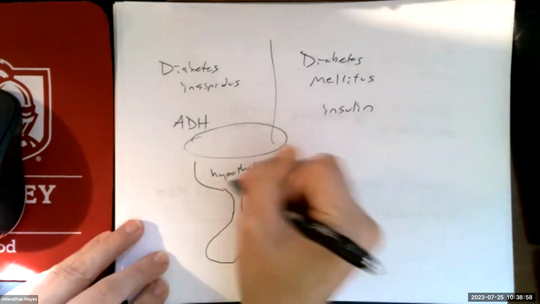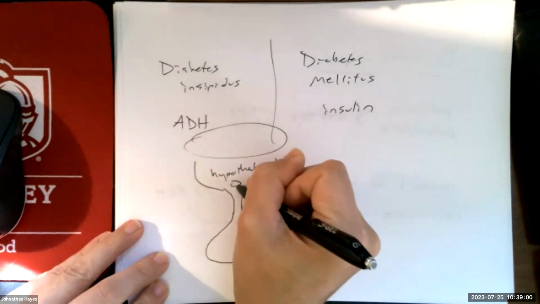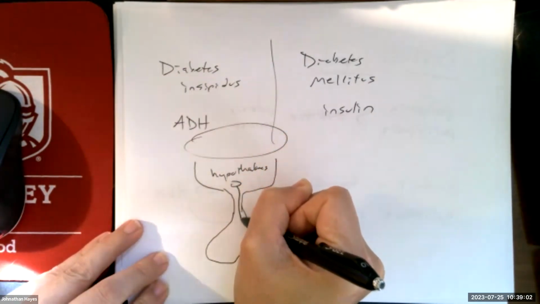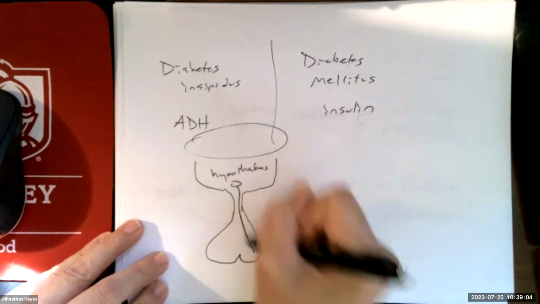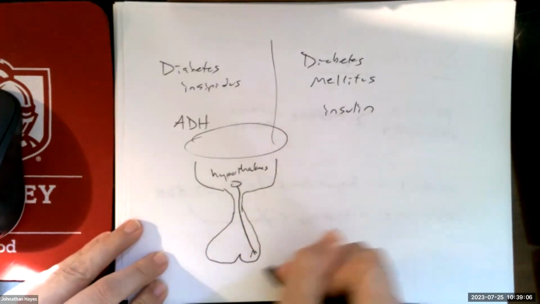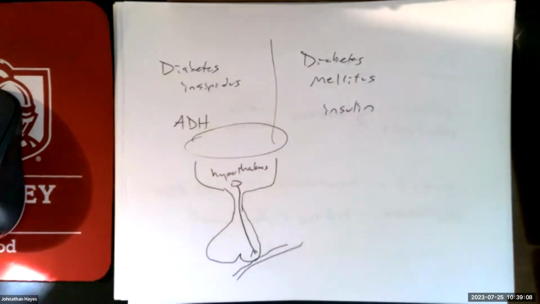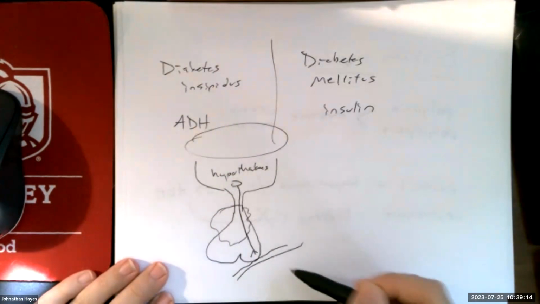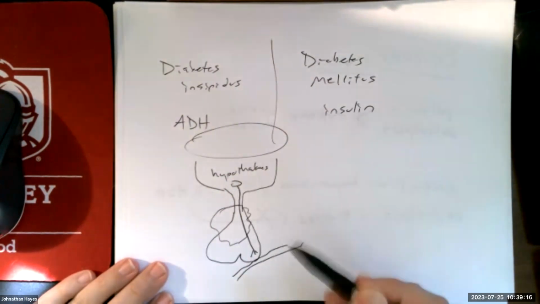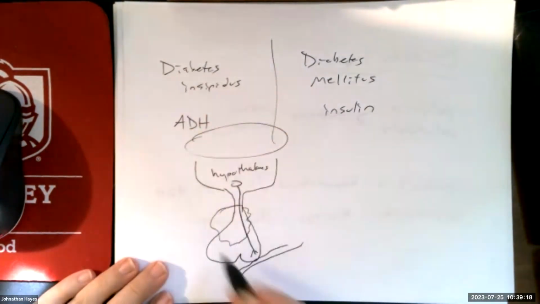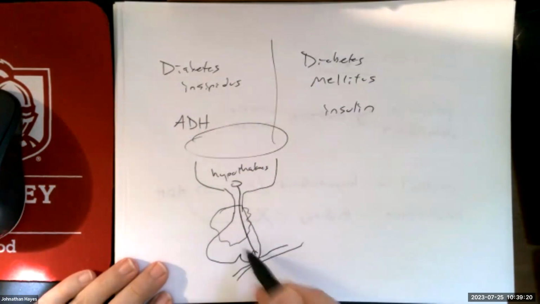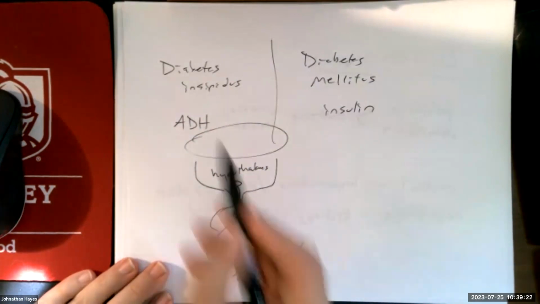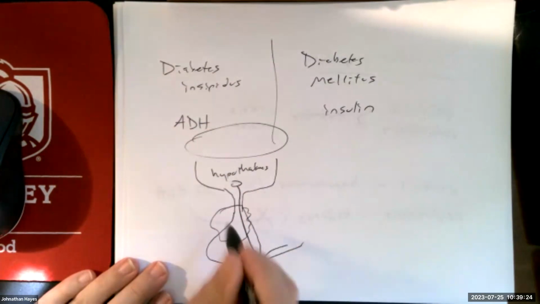Your hypothalamus is what's producing the ADH, and it pushes that ADH along axons into the posterior pituitary, where it's then released into the bloodstream, okay? But if I end up having some type of big tumor right in here, that's going to prevent that from being able to get there, right? So sometimes people with diabetes insipidus have some type of tumor that creates pressure. So in order to treat the diabetes insipidus, we have to treat the tumor, right?